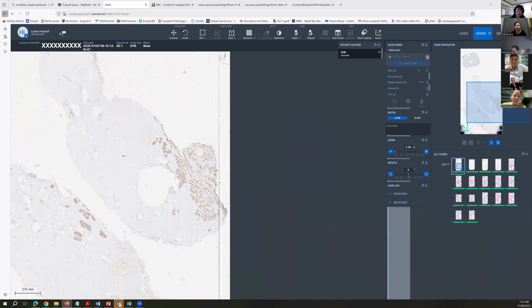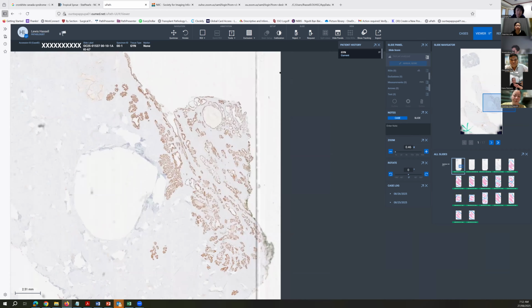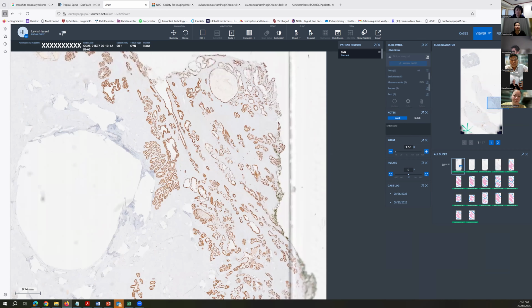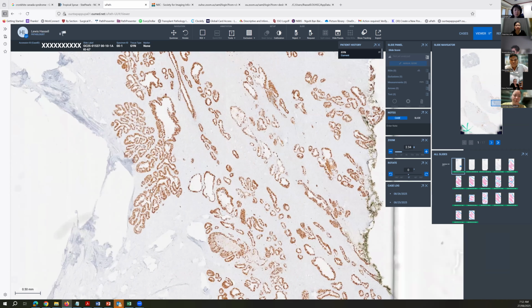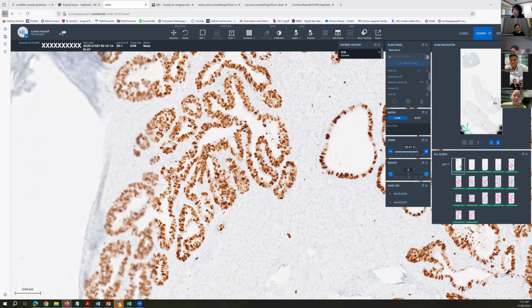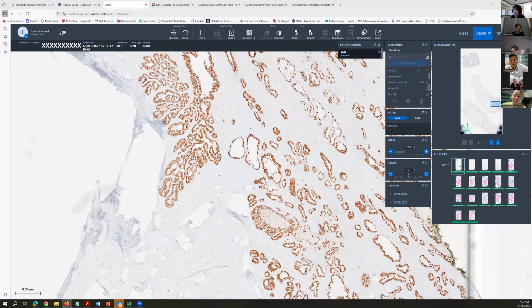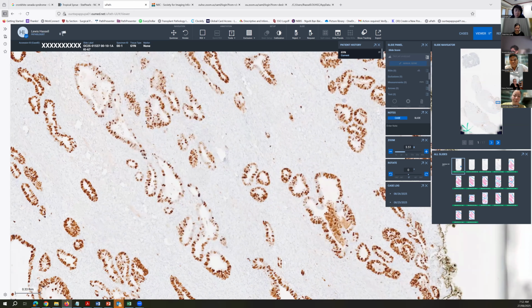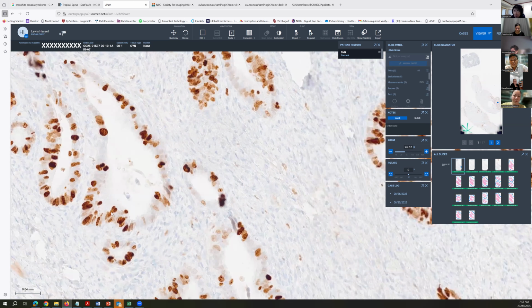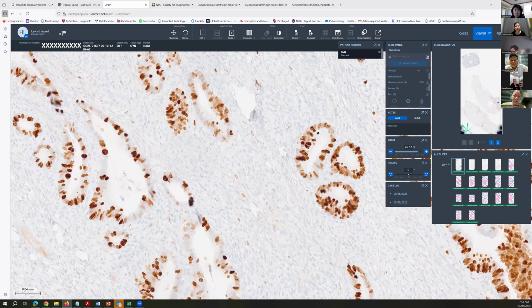So this is the P16 stain that was done on, I think, the first block that I showed you, and you can see it's got nice, strong staining, actually a lot of strong nuclear staining here. Although some of these glands up in here obviously show a more heterogeneous pattern, which would be more like what you might see with ciliated metaplasia, rather than characteristic endocervical adenocarcinoma.